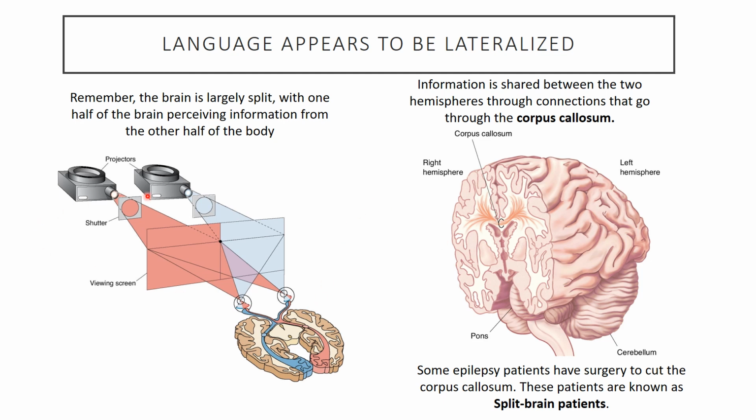As we have learned, the brain is largely split, where the experience that is perceived on one side of the body, such as visual input, is perceived by the other side of the brain. This is true for somatosensory perception and also motor control. We have this flip for a lot of the body, where one half is sensed by the other.